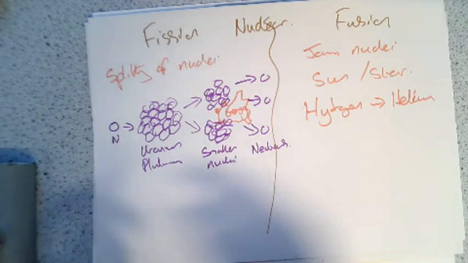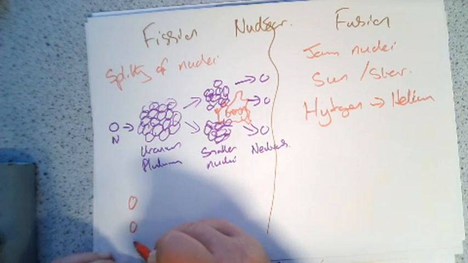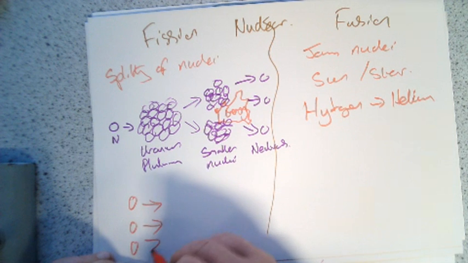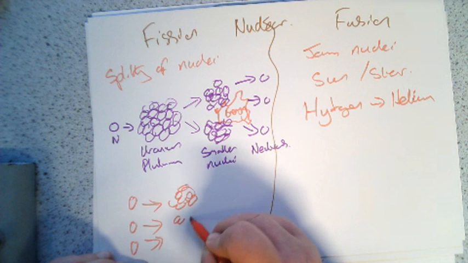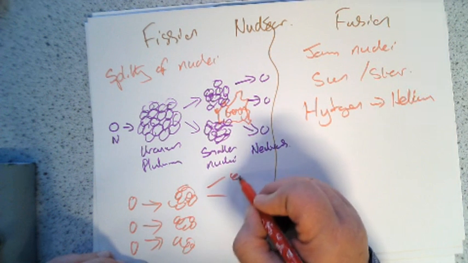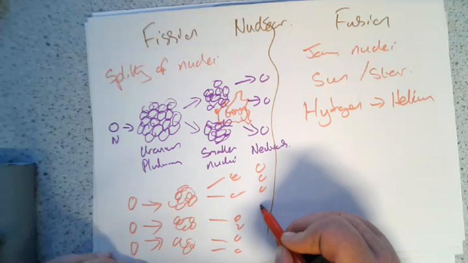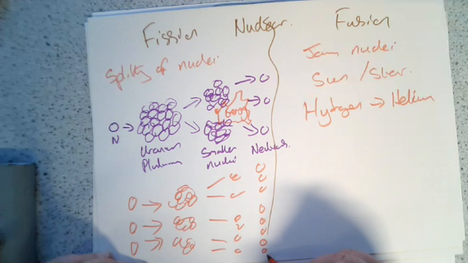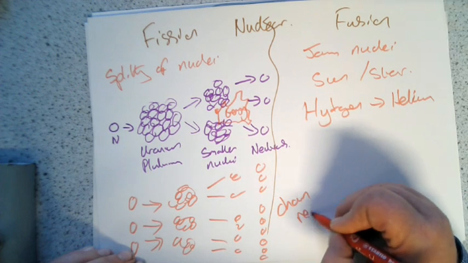Now, what's really important is that those neutrons can then go on and hit 3 more uranium nuclei, which again, they split. Okay, and we get another 3 neutrons, another 3 neutrons, and that's what we call a chain reaction.